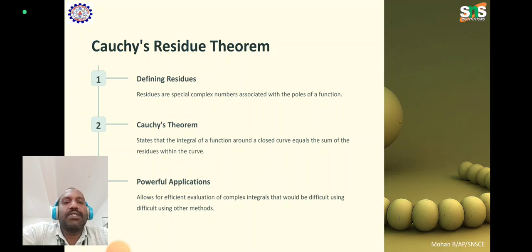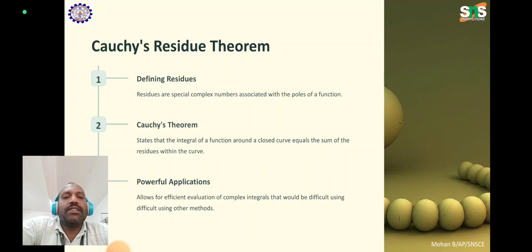Defining residues: the residues are special complex numbers associated with the poles of a function. Dealing with the poles is a very important thing in Cauchy's residue theorem.